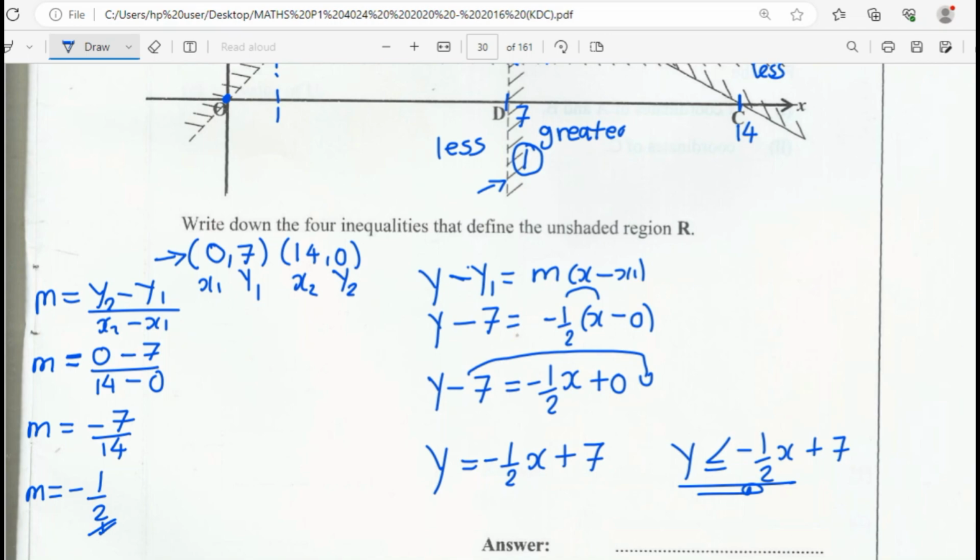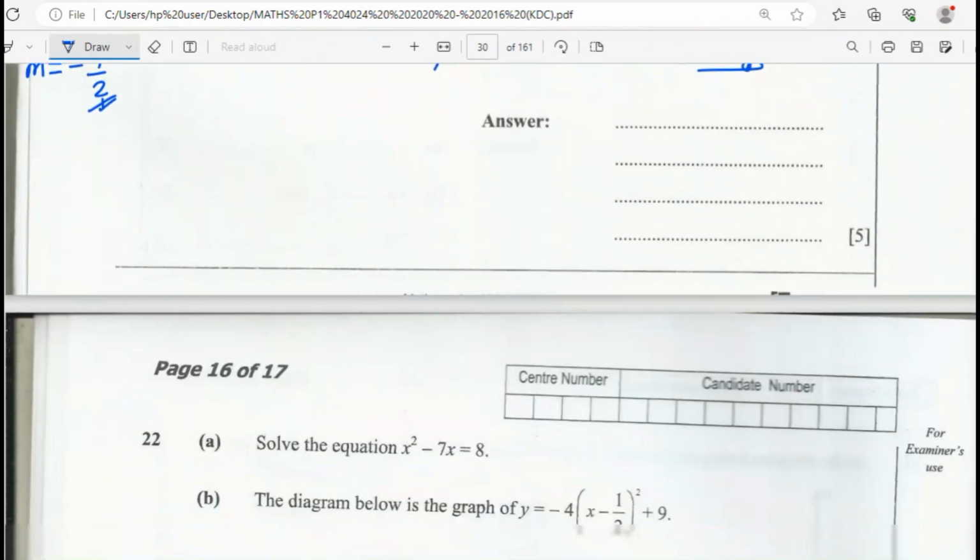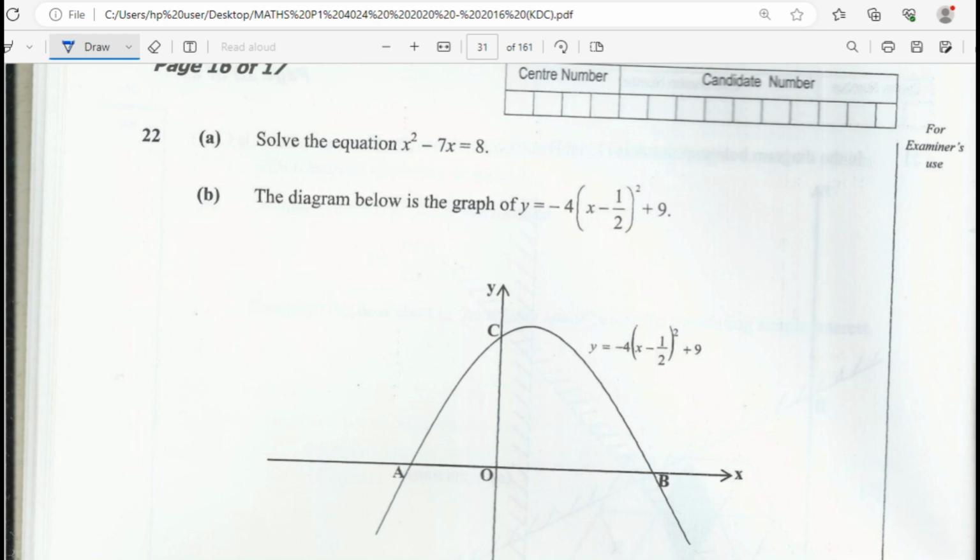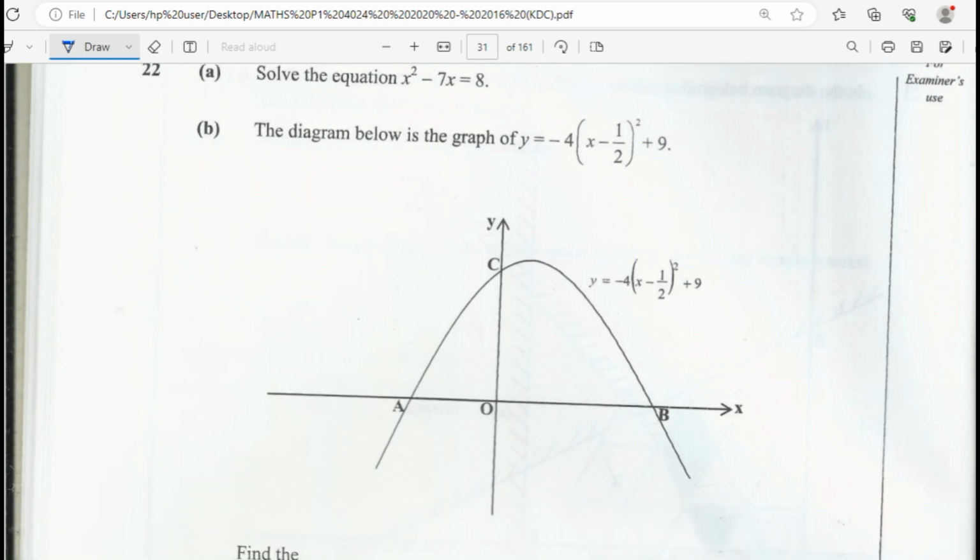Okay, now let's move on to this question here. 22a, solve the equation x squared minus 7x is equal to 8. So this is a quadratic equation. Since we can see that the highest power is 2.